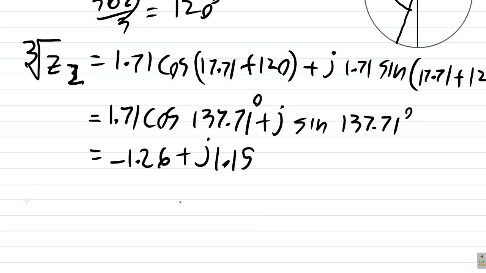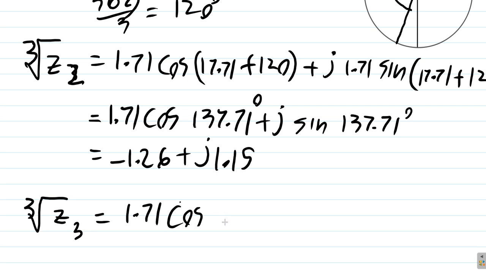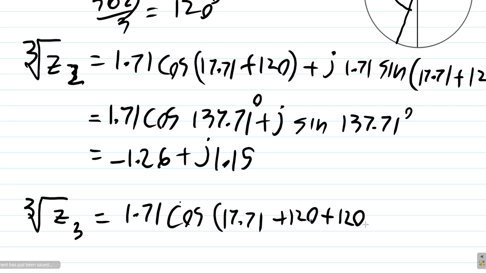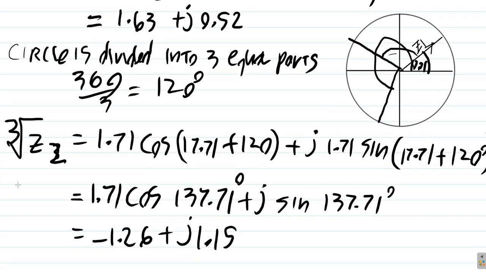Now, the third cube root of Z, Z3, is equal to 1.71 cos. So it's 17.71 plus 120. One rotation of 120 to find the second one, plus another rotation of 120 to find the third one. Right? So it's two rotations.